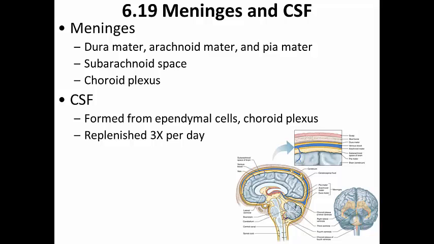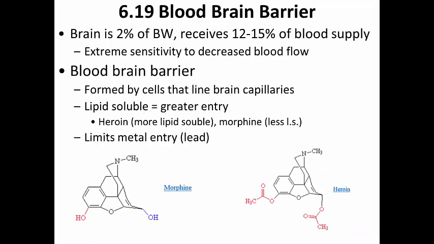The pressure of the plasma forces a portion of it through these ependymal cells, and what's created is cerebrospinal fluid, similar to the manner in which interstitial fluid is formed in other parts of the body. Cerebrospinal fluid circulates through the subarachnoid space and other areas of the brain and spinal cord, eventually making its way to the top of the brain, where it exits via one-way valves, making its way back into venous blood.